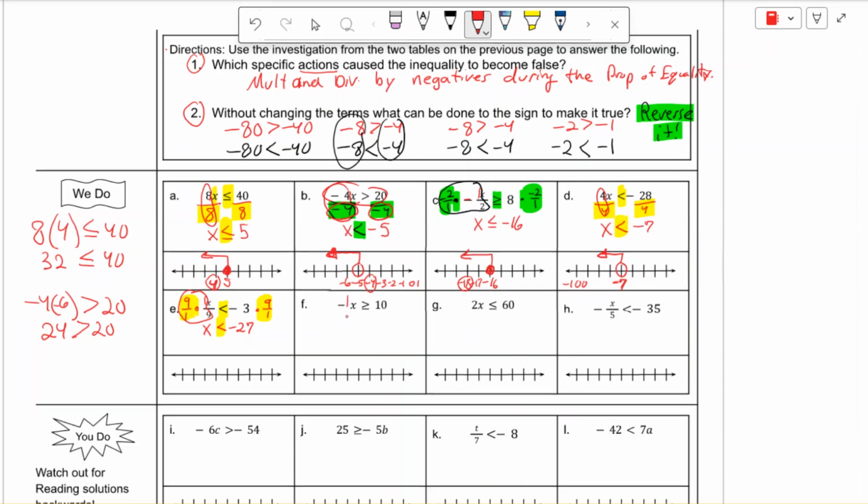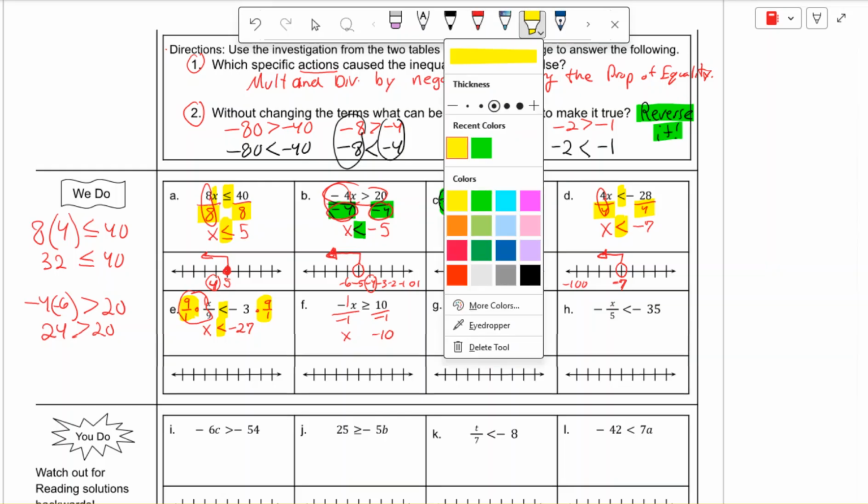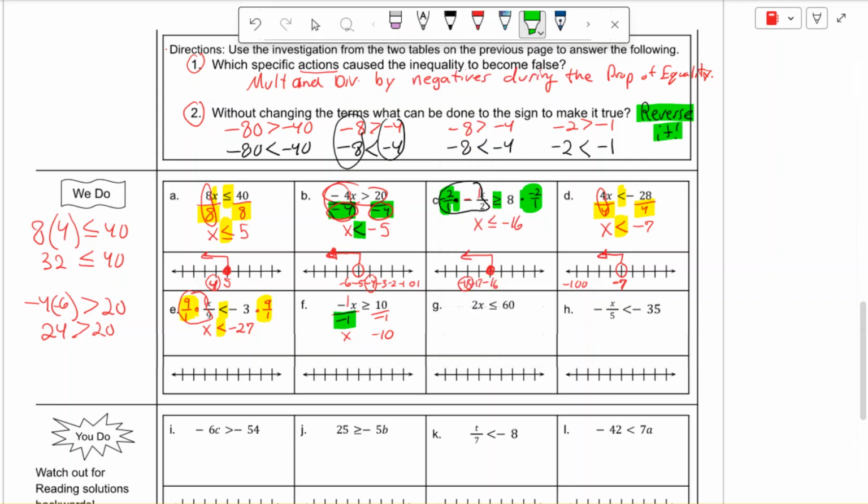So to get rid of that negative 1, you can divide by negative 1. And that's going to be x, and 10 divided by negative 1 is negative 10. And look here, we are dividing both sides by a negative here and here, so the sign has to what? Reverse.